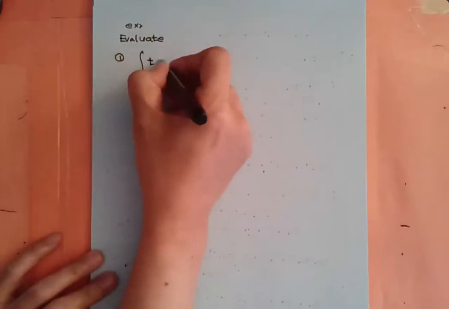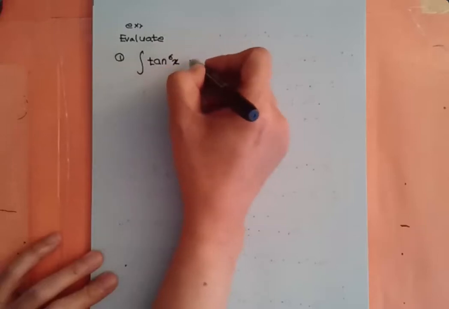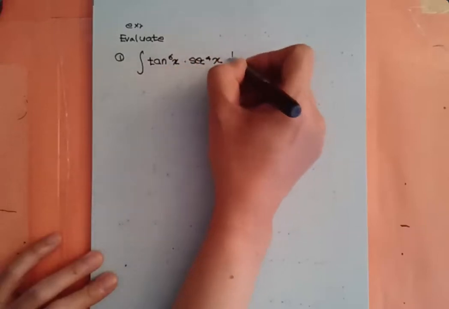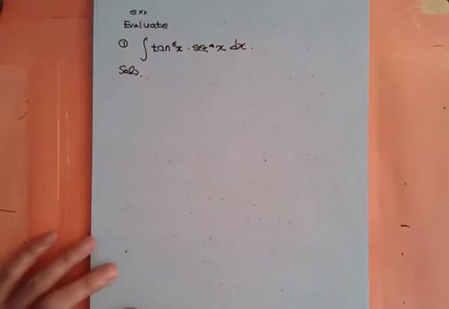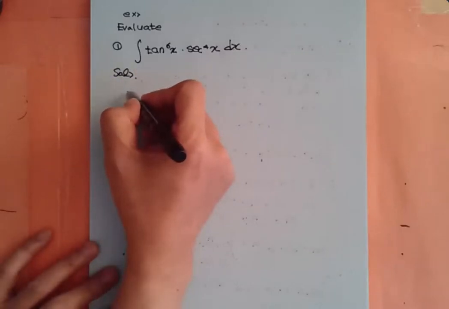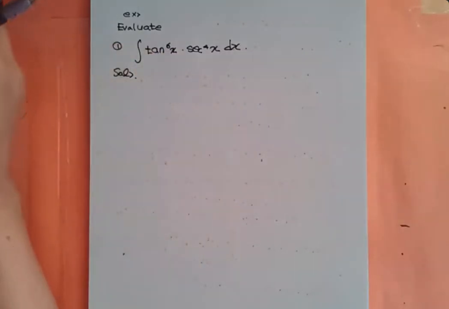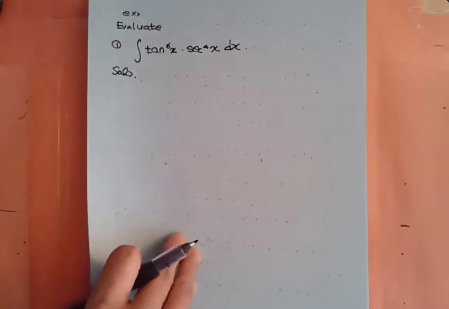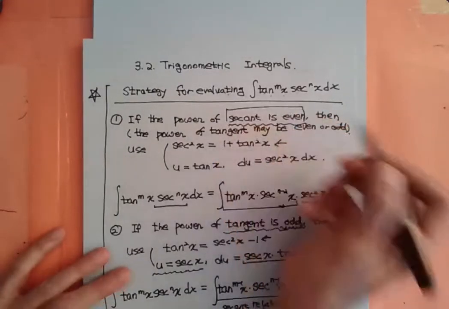So the problem is tangent to the 6th power x times secant to the 4th power x dx. In the previous statement, this falls into the case where secant is even, right?